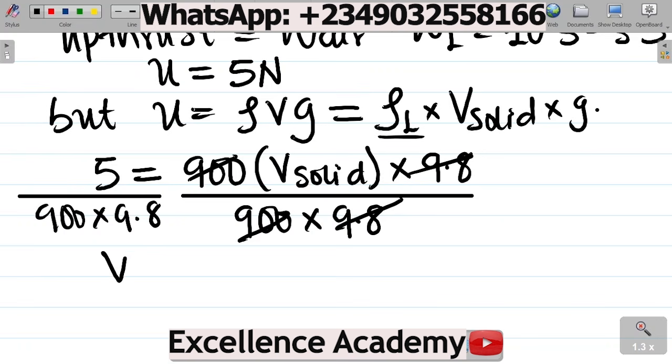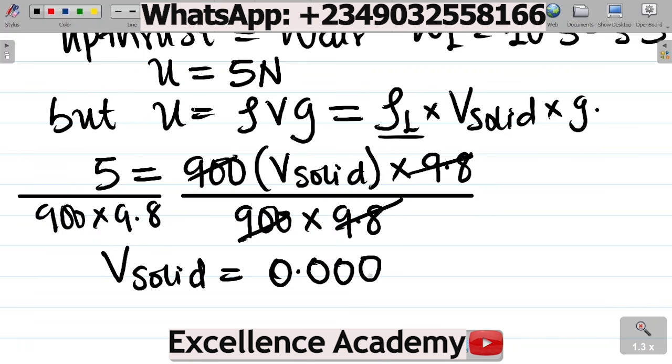So volume of solid is equal to 5 divided by 900 times 9.8, and that's equal to 0.000000567, approximately.